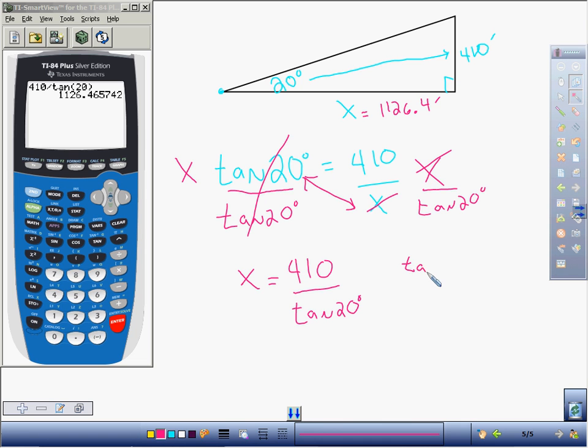For instance, say I have tangent of 36 equals 50 over x. Rather than going through all this algebra, I could just rewrite this as x equals 50 over tan of 36. I could just switch places with these two things, because really what I'm doing is multiplying both sides by x and dividing both sides by tan of 36.